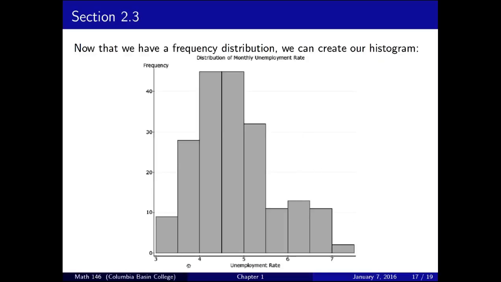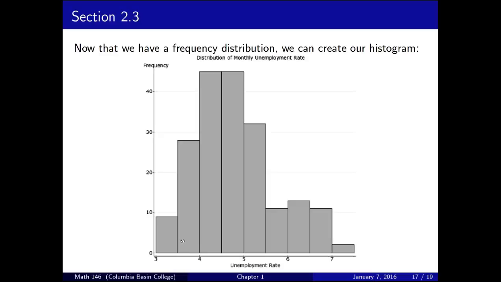Now the main difference between a bar chart and a histogram is that in a histogram the bars touch, and the bars touch for a reason. First of all, this is a continuous random variable. When you go from the first bar to the second bar, they have to butt up to each other, because this one ends at 3.49 and the next bar picks up at 3.5.